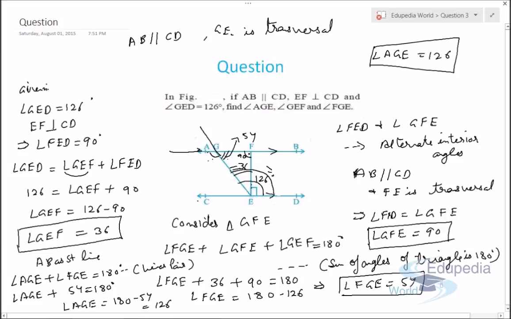Now this angle and this angle will be alternate interior angles. So angle AGE will be equal to angle GED. Why? They are alternate interior angles. So this means angle AGE is 126 degrees.